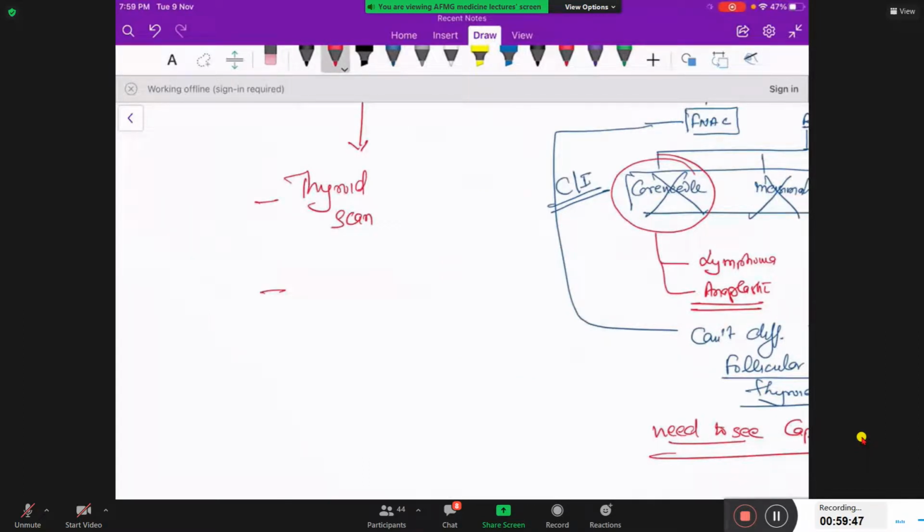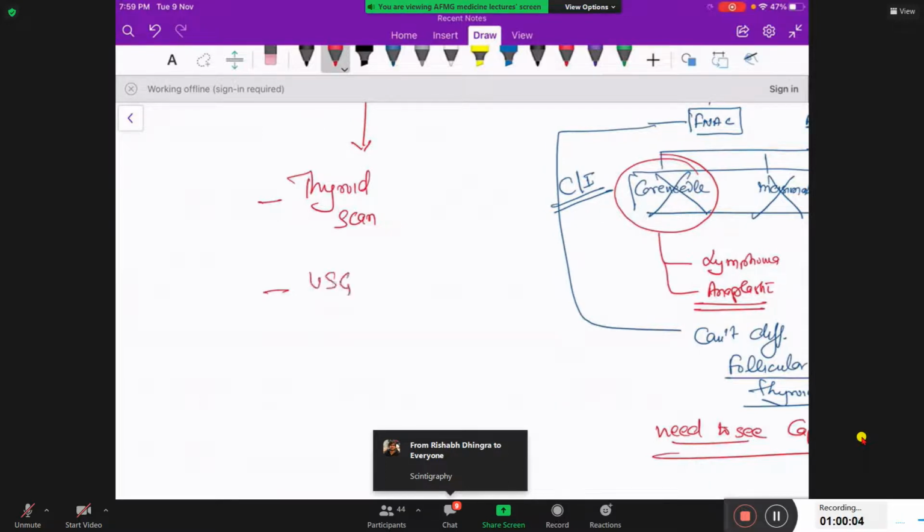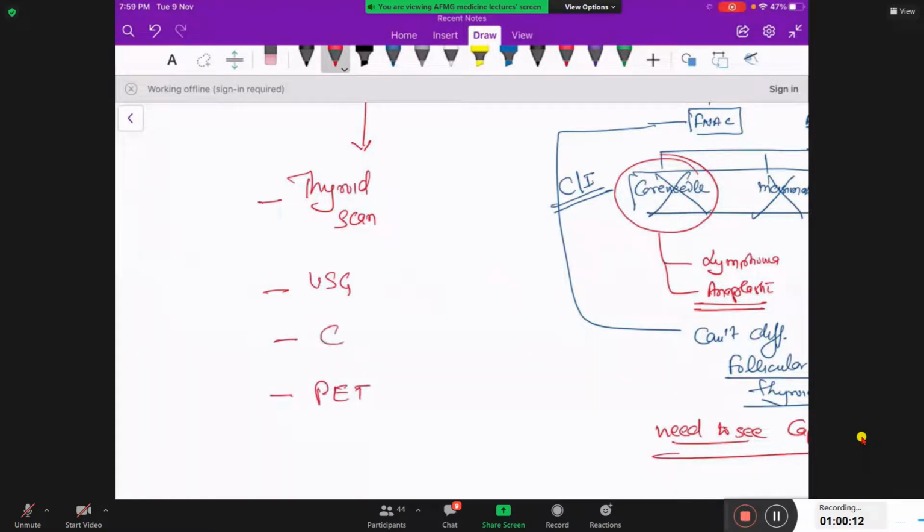Any other? Imagings. Ultrasound. Very good. PET scan. Good. CT scan. Very good.